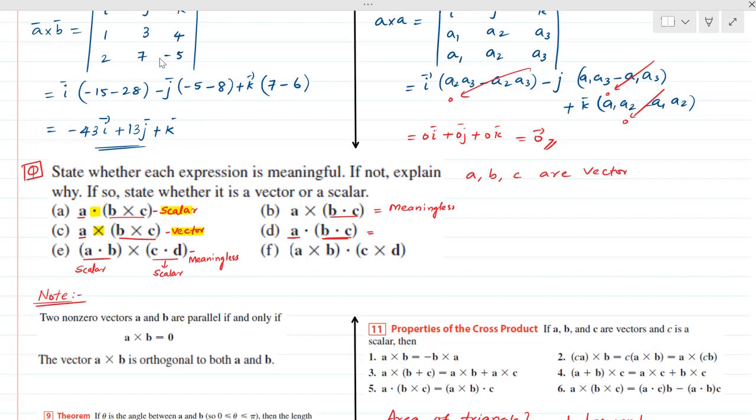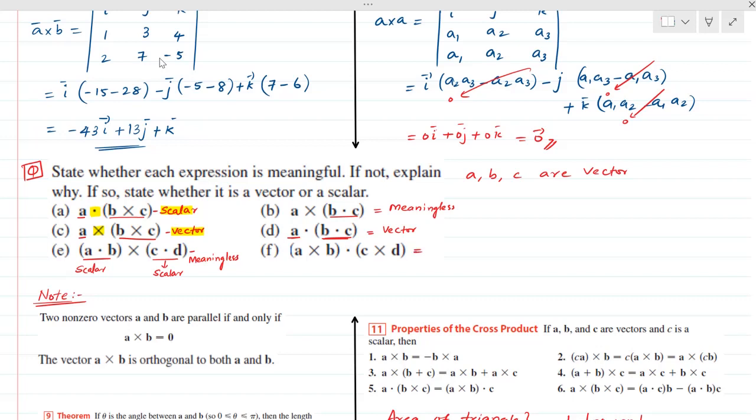So I multiply that number with the vector, and you will get a vector form. For example, if the dot product of B and C is 4, I can multiply that scalar with the vector, so the final output will be a vector. So therefore it is a vector.